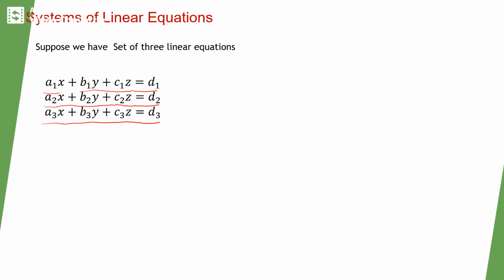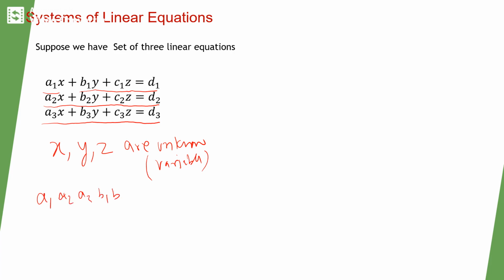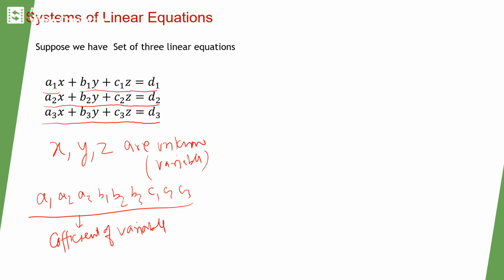Here x, y, z are unknowns, or we can say variables, and a1, a2, a3, b1, b2, b3, c1, c2, c3 are the coefficients of the unknowns, or variables, and d1, d2, d3 are constants.